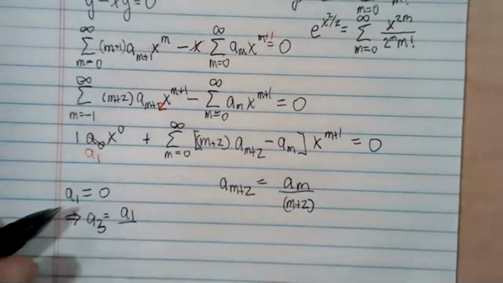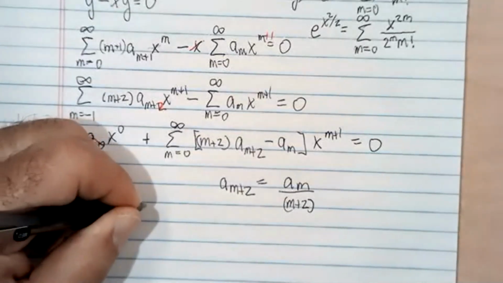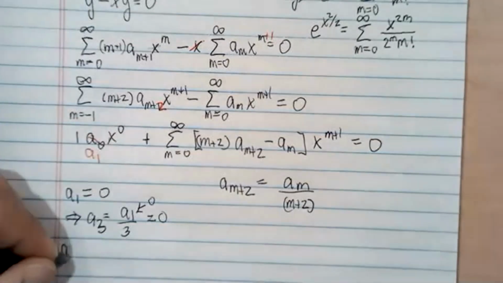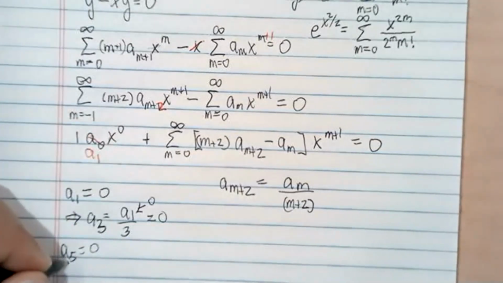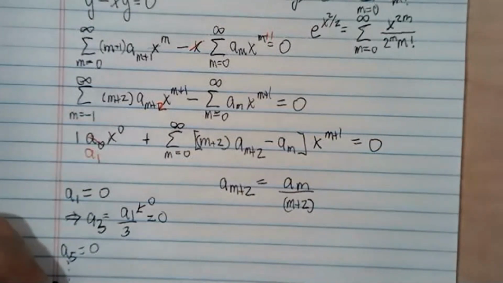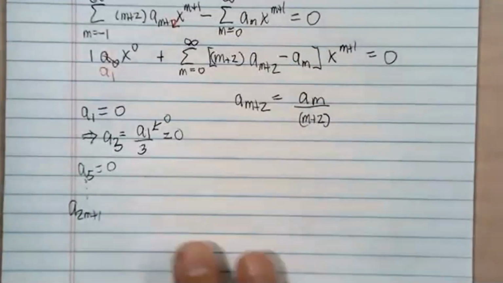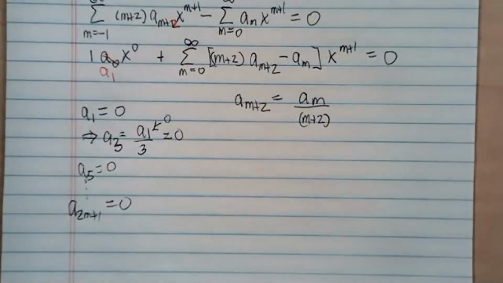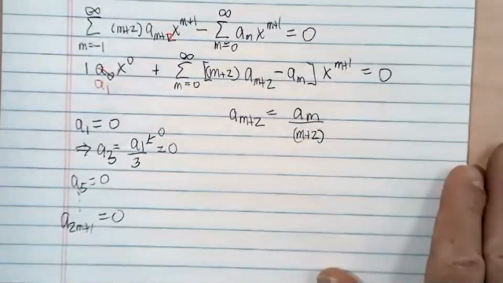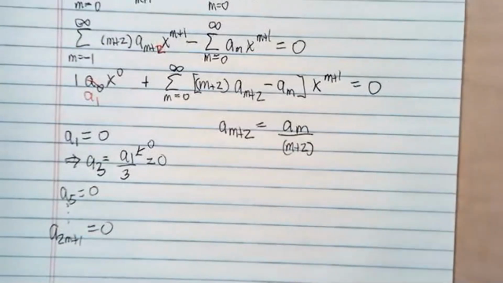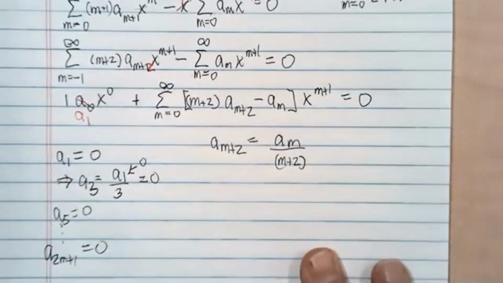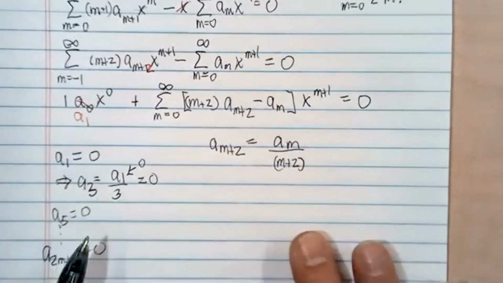This number and this number agree. But that's 0. So that forces a3 to be 0, which forces a5 to be 0, etc. So all of the odd subscripted terms will be 0. That we expected. So that's looking good. Oh yeah, okay. I found it. Okay, there is a 2 in here, but it's hiding.